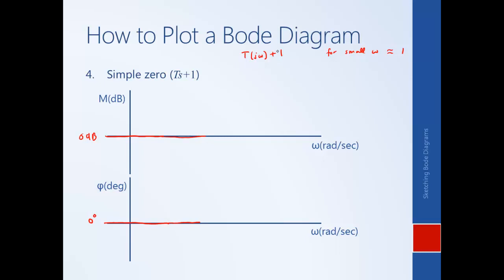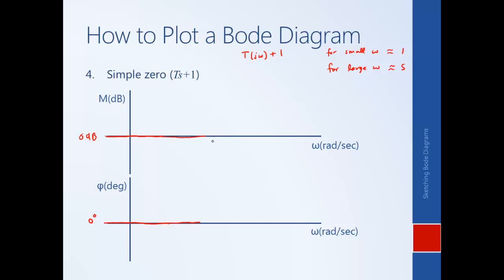If we look at how this behaves when omega is large, this term will dominate the 1. This term will be very large compared to the 1, and the 1 will have negligible effect. And if this is dominating, then it behaves like a differentiator. So for large omega, it's almost like the system is s. It's almost as if the 1 weren't there.